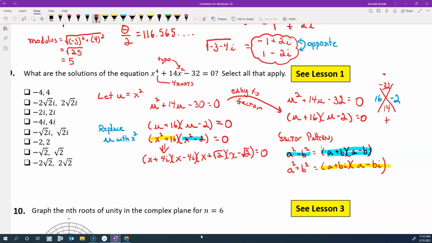And now there's the four factors. And you can get your roots from that. Negative 4i makes that 0. 4i makes that one 0. Negative root 2 and positive root 2. And there's my solutions.